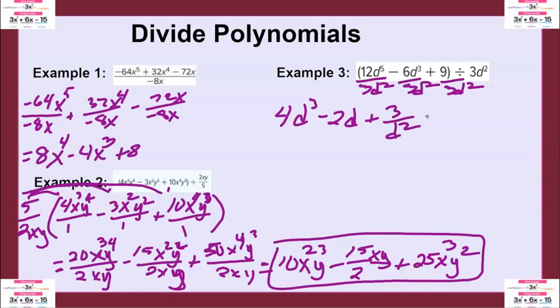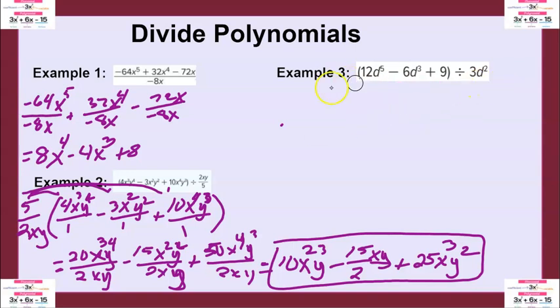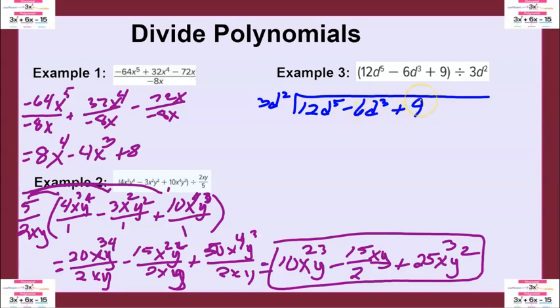Now let's just say we were going to do long division on that. Let me erase what I have here and do the long division. I would have the 3d squared here, and then I would write 12d to the 5th minus 6d cubed plus 9.